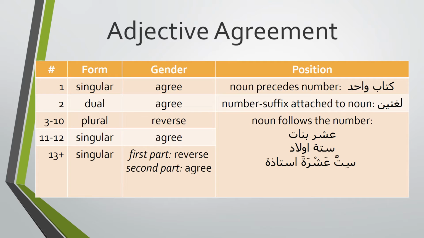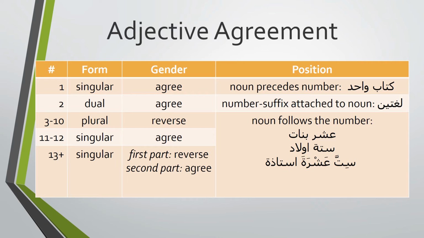As promised, here is a chart that lays it all out. 1 and 2 agree in gender, while 1 uses the singular form of the noun and 2 uses the dual. With these, the noun precedes the number, like an adjective follows a noun. Numbers 3 through 10 are reverse gender, or disagree in gender, and they use the plural form.